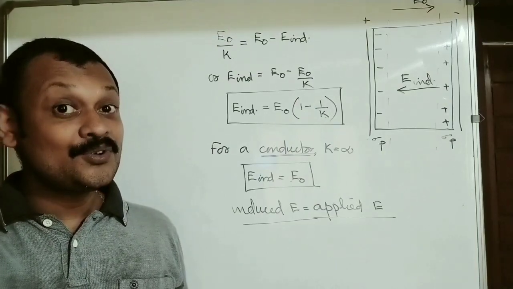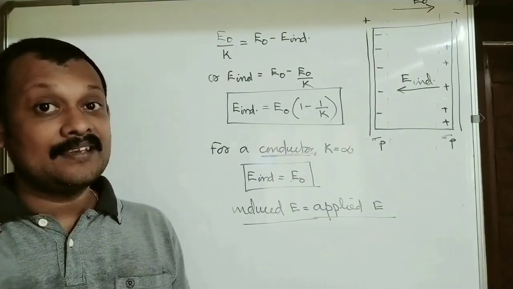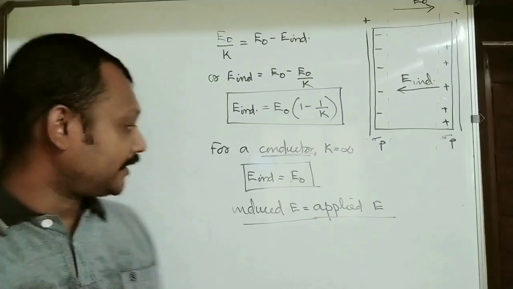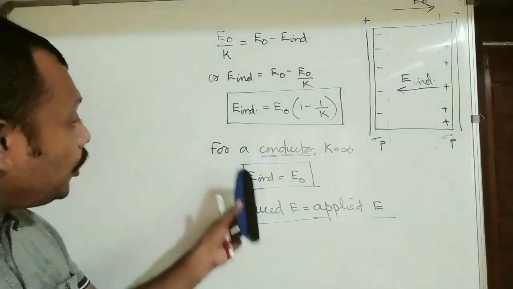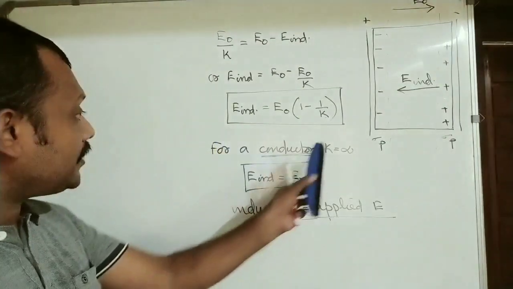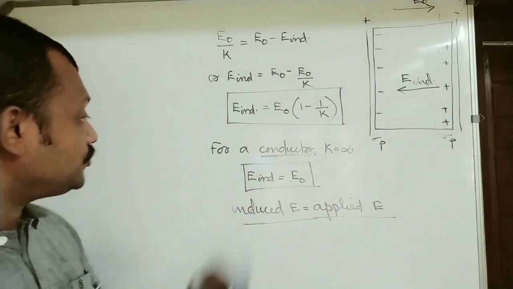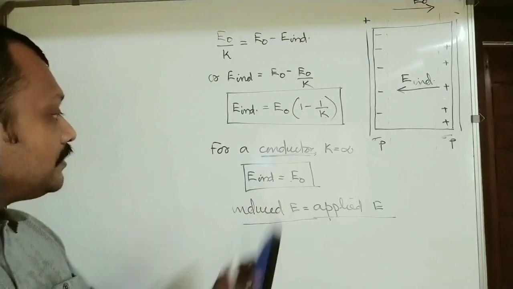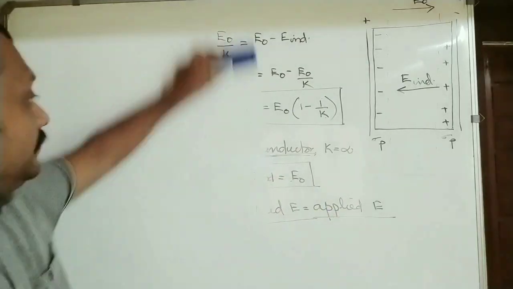So this is an important point to bear in mind. For a conductor, the value of K is infinity, which means E induced is equal to E0, where E induced is the induced electric field and E0 is the applied electric field.